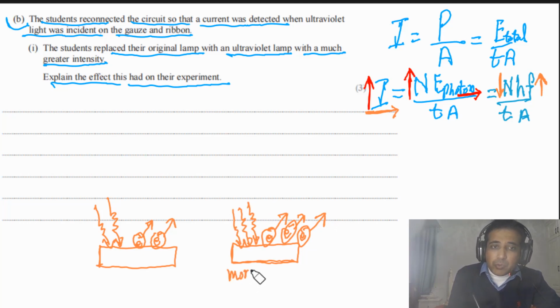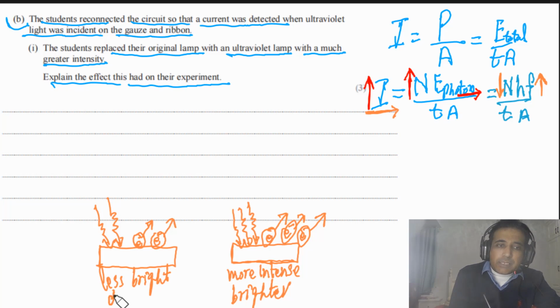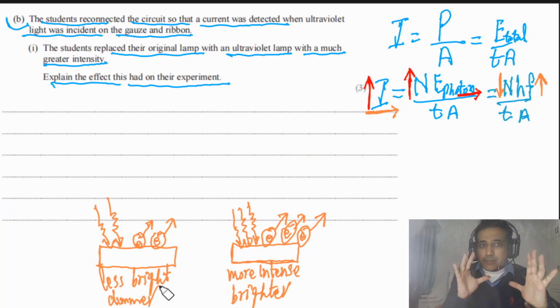We can say this is more intense light, or it is brighter. You can also say the other light is less bright, or the proper way to say it is dimmer. I hope this makes sense to you.